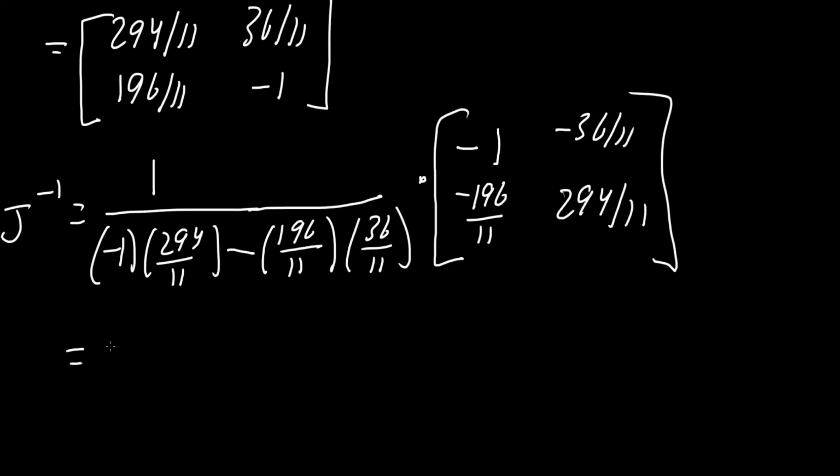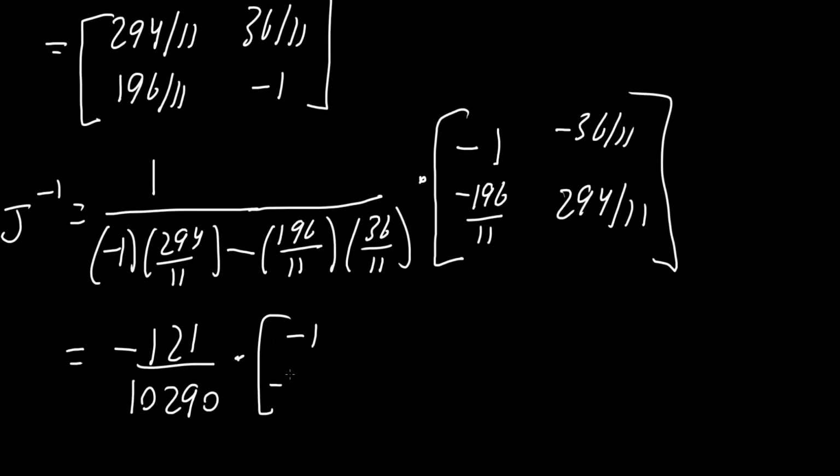So we would get 1 divided by this would be negative 121 divided by 10290 times this matrix. So negative 1, negative 196 over 11, negative 36 over 11, 294 over 11.